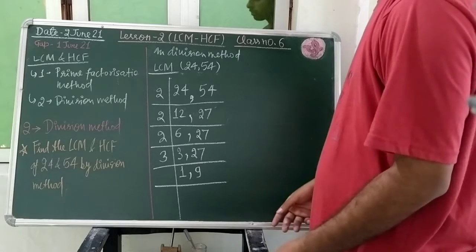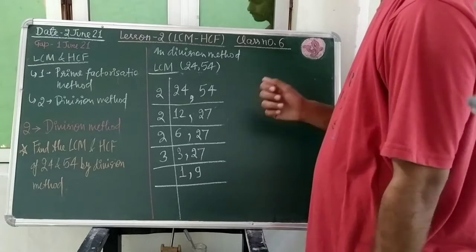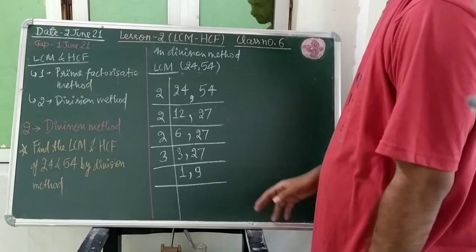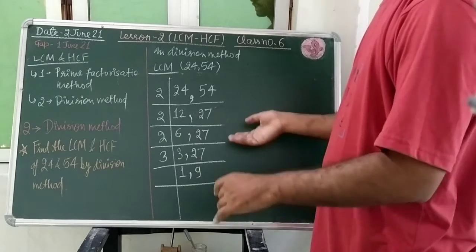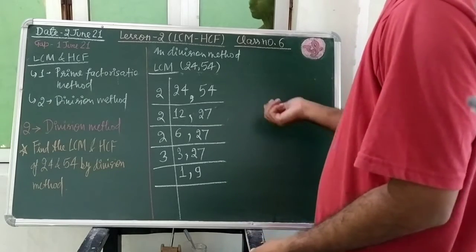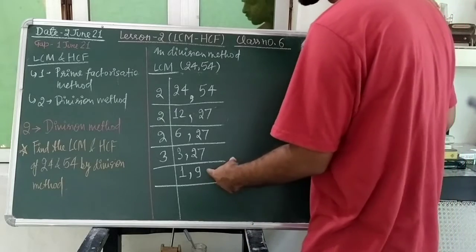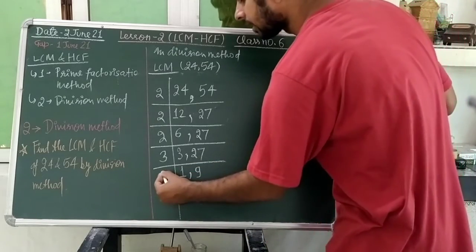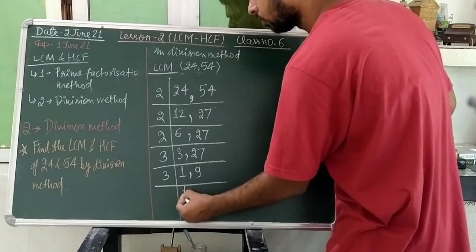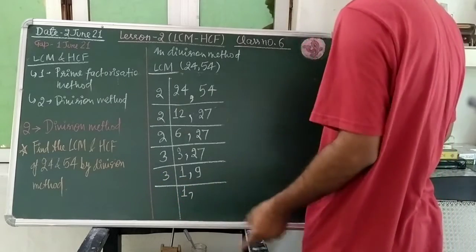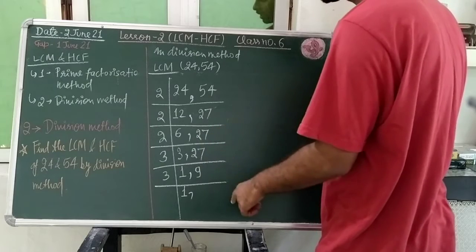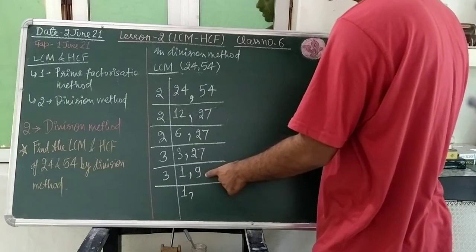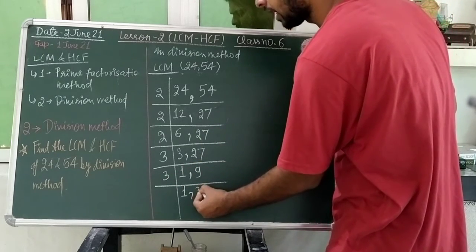So for a composite number, we shall apply the rule that we will check from 2 onwards. We will not select 1. So will 2 divide this 9? No. 3 will divide it. So we shall select 3 here. So 1 we have got for the first number, and for the second number, how many times will 3 go to divide this 9? 3 times 3 is 9.